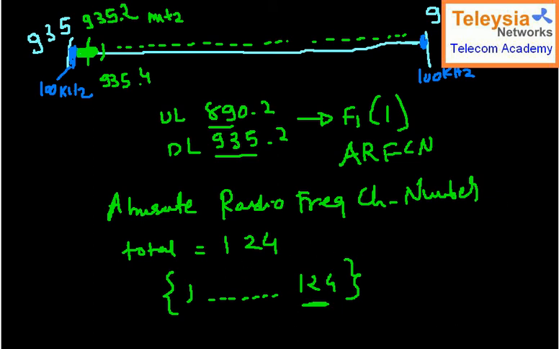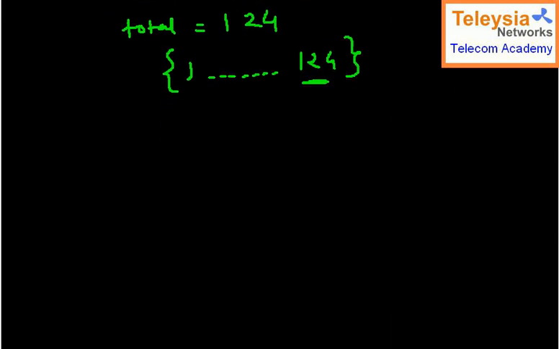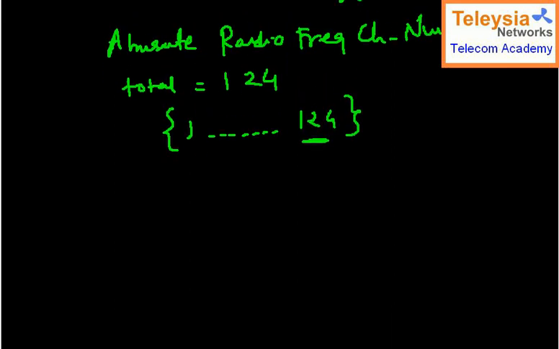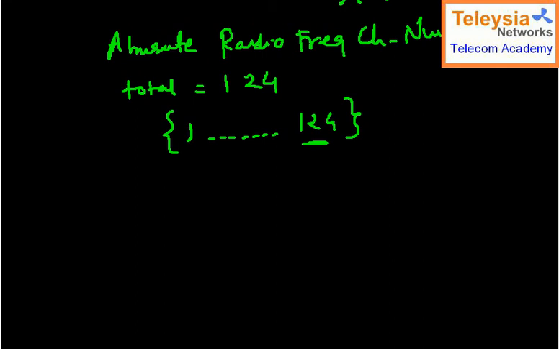Now if I look at one of the operators, let's say in India, not everybody gets all the frequency, because this is a very limited spectrum. Initially in India we got 3 operators in 900, and everybody got certain frequencies. The total band available is around 25 megahertz, and the total frequency is 124 numbers.